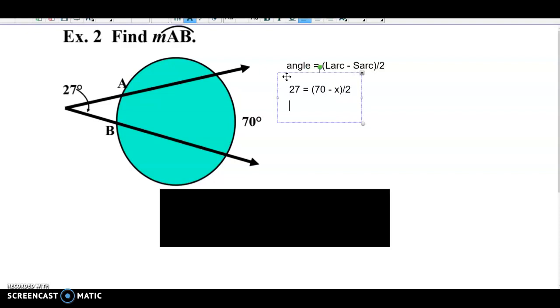Right here, what we're going to do is cross multiplying. So we're going to do 27 times 2, so that's going to be 54, is equal to 70 minus X. When we subtract 70 from both sides, we end up with negative 16 is equal to negative X. And we can divide out that negative, where 16 is going to equal X.